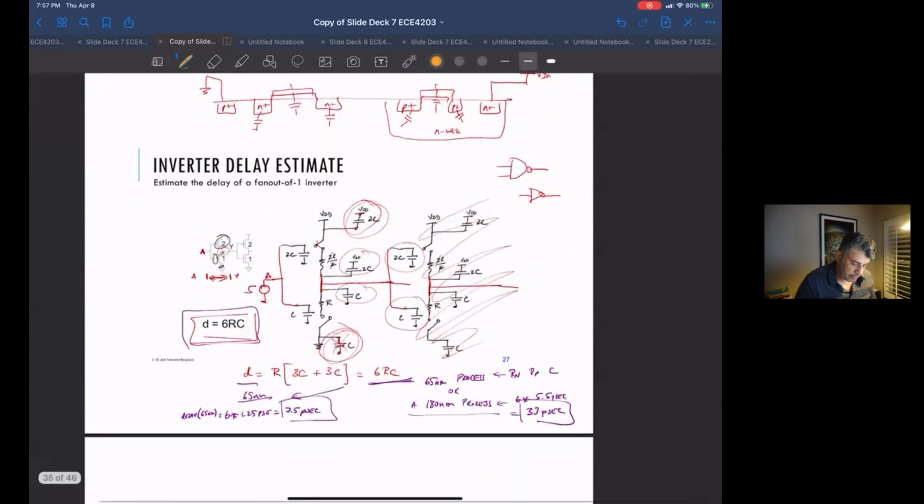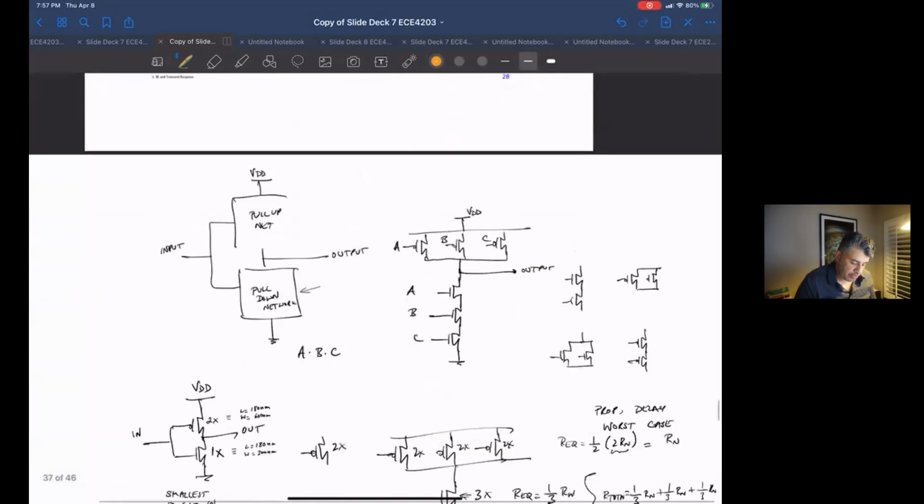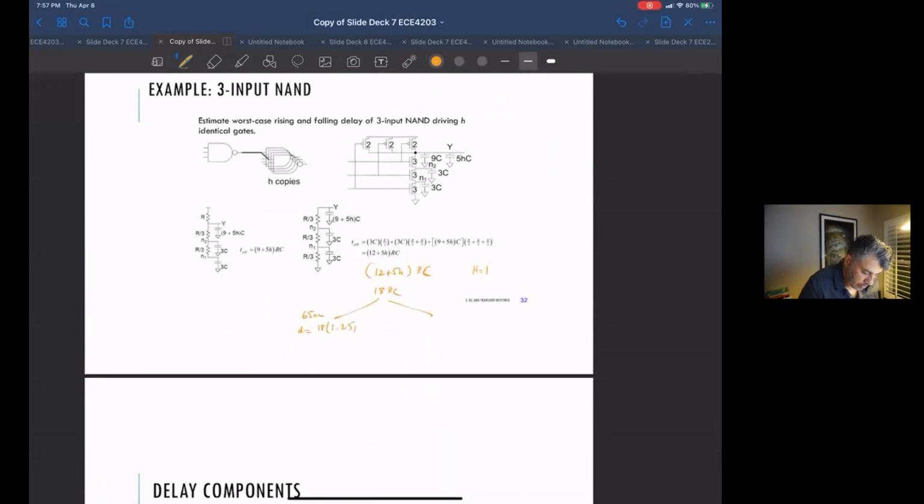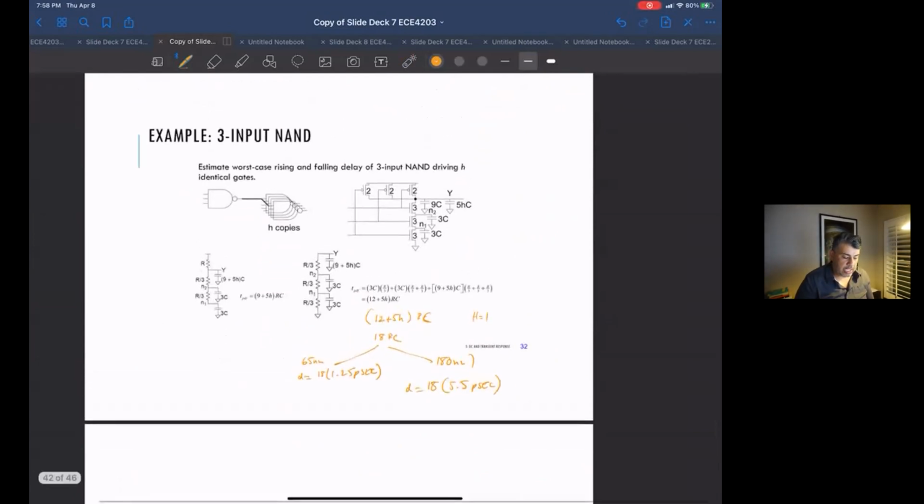What was it? 1.25 picoseconds. And if I was in a 180 nanometer process, it would be 18 times 5.5 picoseconds. So that's the nice thing about this approach: you can use this as a generic calculation of a gate, in this case a 3-input NAND gate of a certain size.